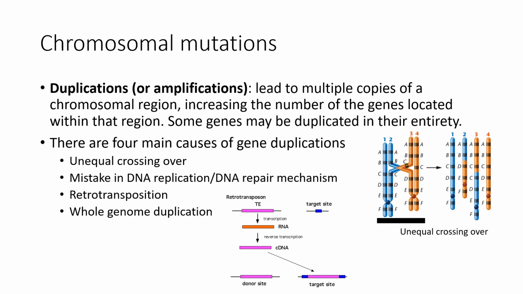Duplication leads to multiple copies of a chromosomal region, increasing the number of genes located within that region. There are different causes of gene duplication. Unequal crossing over between chromosome 2 and chromosome 3, and you can see the result over here.